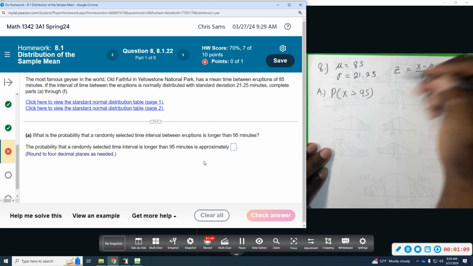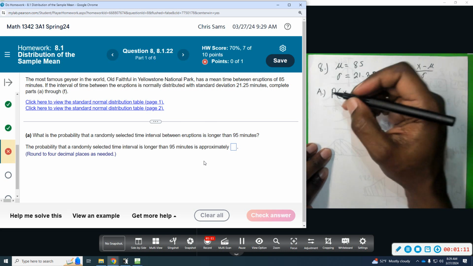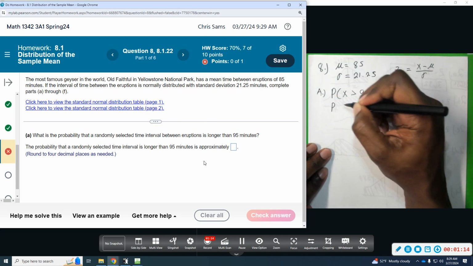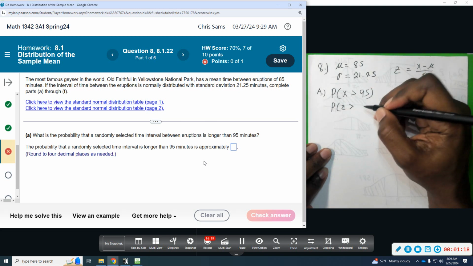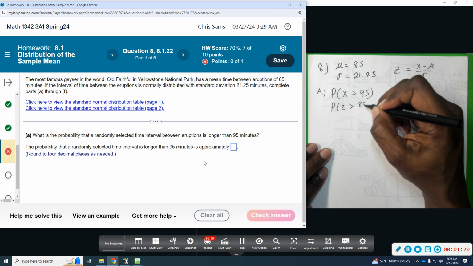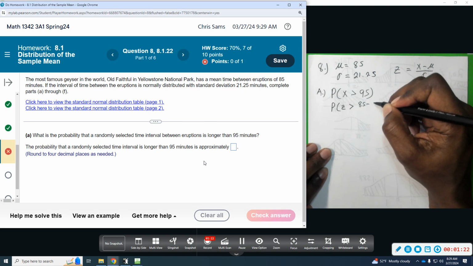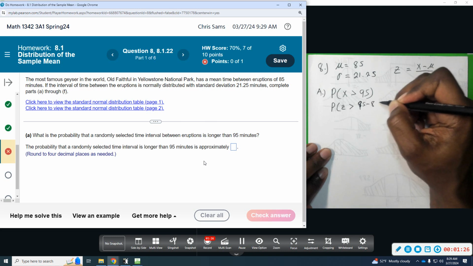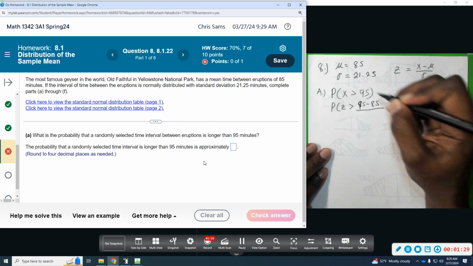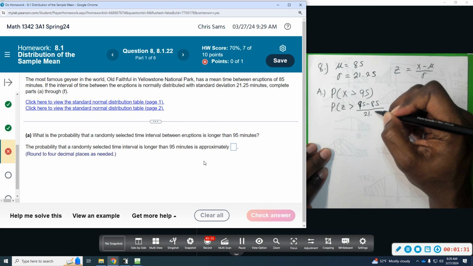Okay, so if we apply the Z formula, this is probability, and then Z is greater than the X value minus the mean, which is 85, over the standard deviation, which is 21.25.